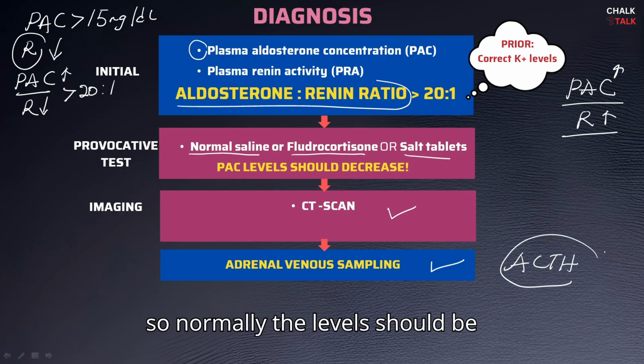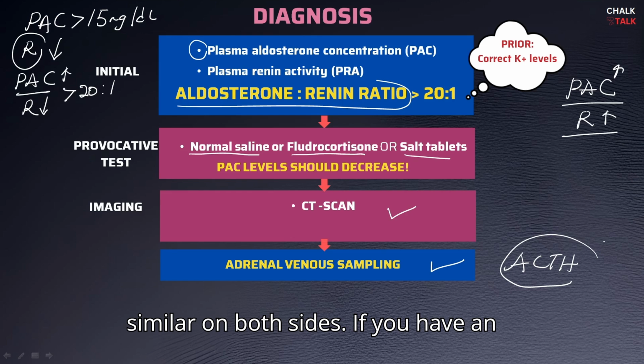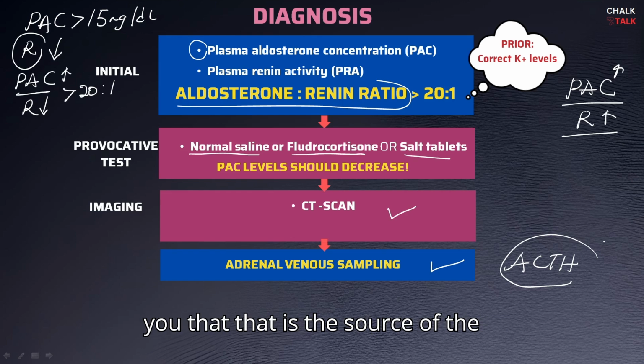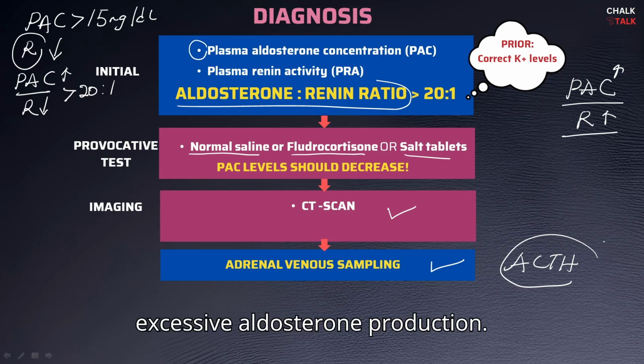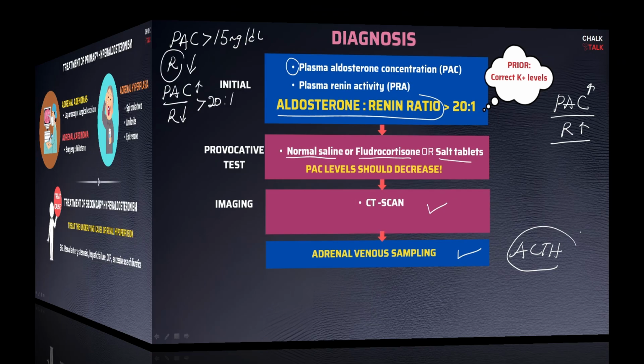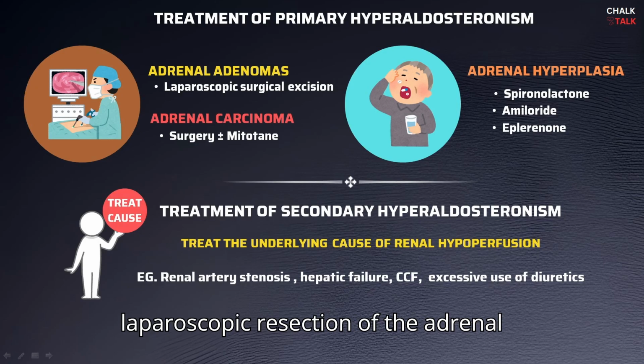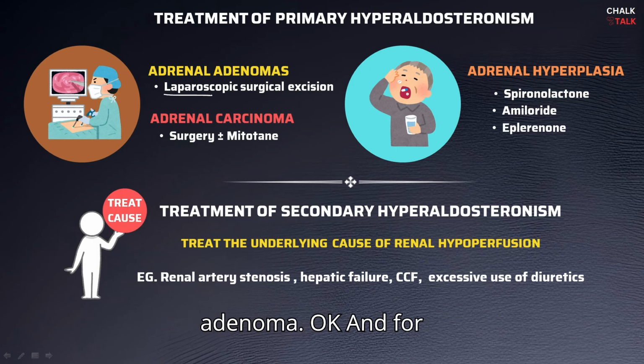Okay, so normally the levels should be similar on both sides. If you have an elevated level on one side, it could tell you that that is the source of the excessive aldosterone production.